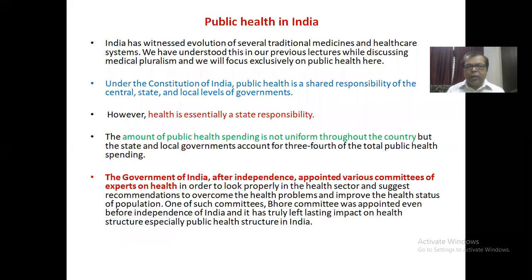Now we come to public health in India. Now, basically, India has witnessed evolution of several traditional medicines and healthcare system. We know, we have taken up a lecture on Ayush, and we know that the Ayurveda system of medicine, or Unani system of medicine, or yoga, Siddha, etc., developed in India or in other parts of the world, but they are all established as traditional system of medicine in India.